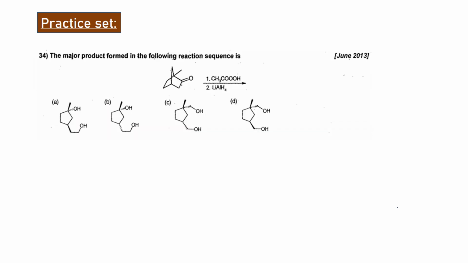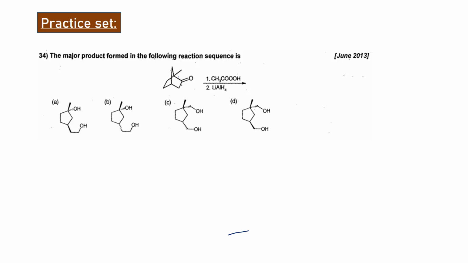The major product formed in the following reaction sequence. So the first step, some of you may know, some of you not. Maybe I haven't discussed it yet. This is called Baeyer-Villiger oxidation. Whenever you have this type of peroxide, this goes through a Baeyer-Villiger oxidation. In case of Baeyer-Villiger oxidation, if you are adding this reagent to a carbonyl compound, what will happen?